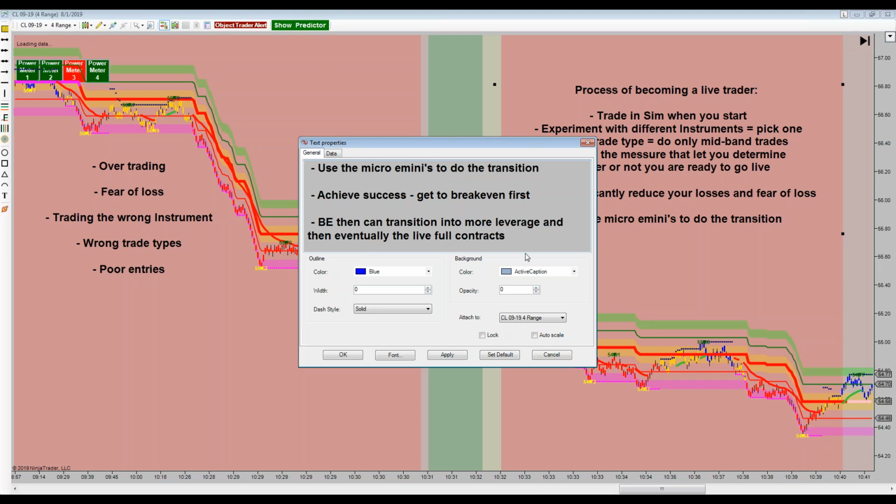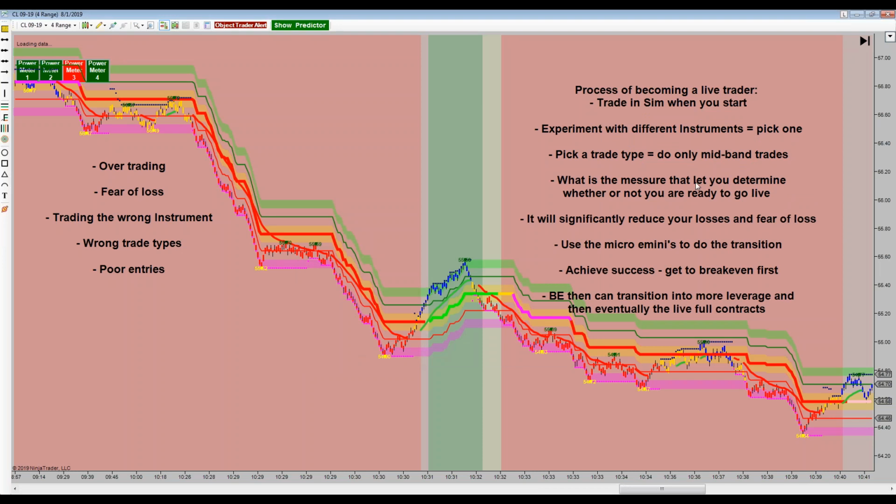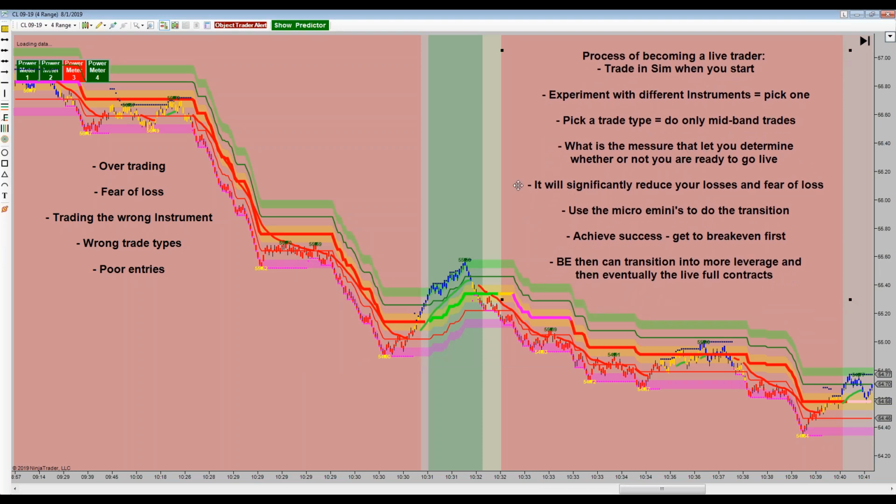Now, that might sound like a lot to go through. This whole list of stuff, like I said, might seem like you're standing at the bottom of Mount Everest and you've got to go 25,000 feet up in the air to get to the top. Well, that's really not the case. If you're diligent and you learn your trade setups and you pick that one or two instruments and you learn them and you focus on that, put everything else aside.